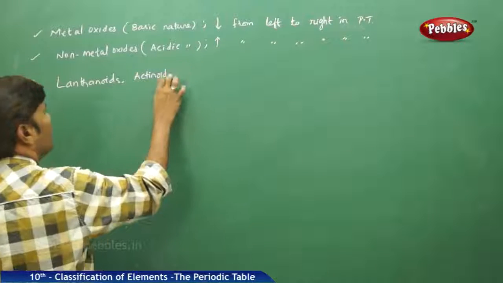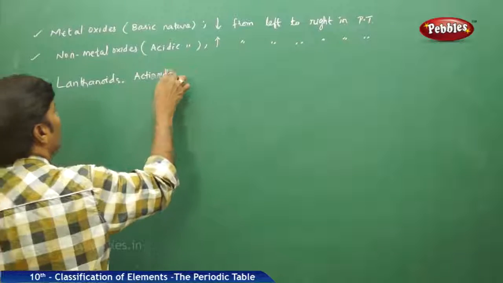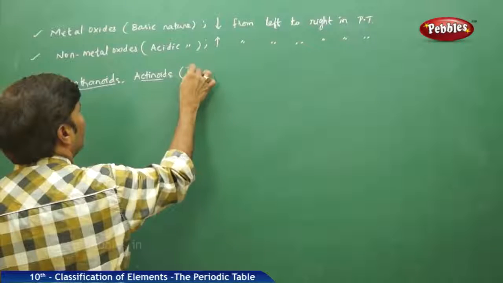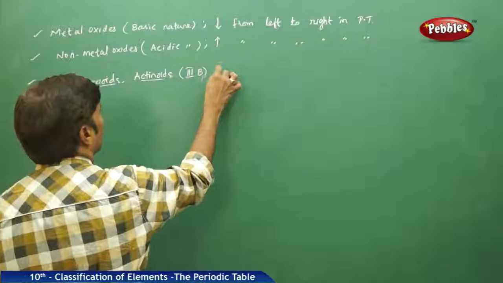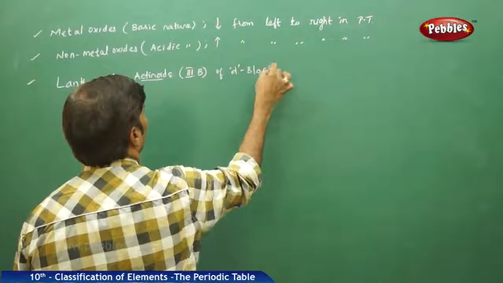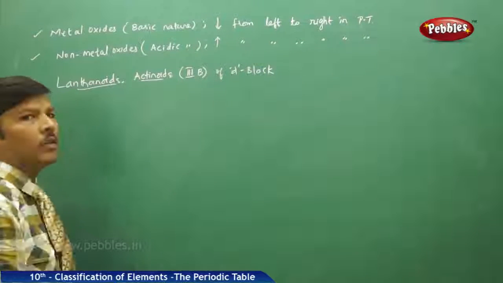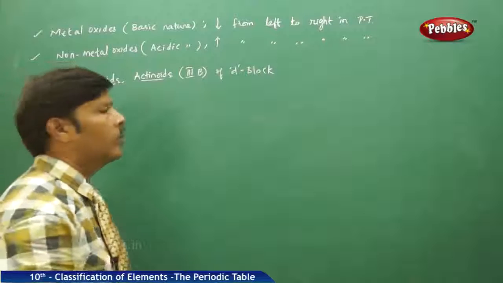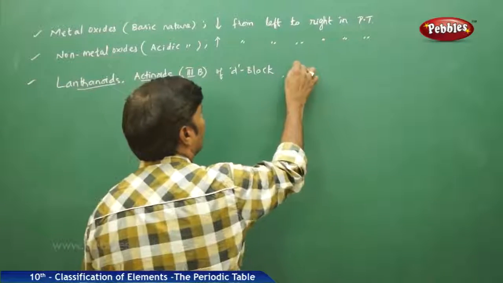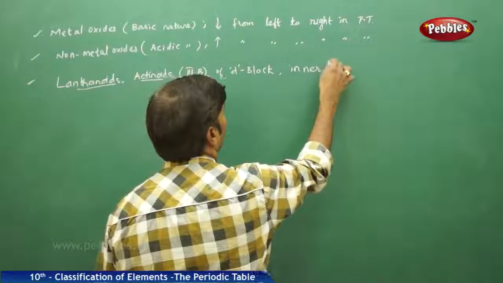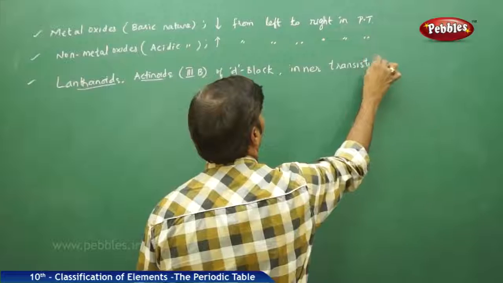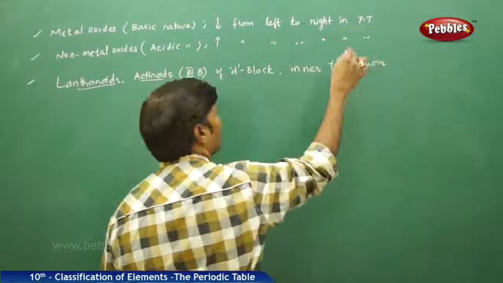Both these sets of elements belong to third B group of D block. Lanthanoids and actinoids belong to third B group of D block, and they are called inner transition elements.